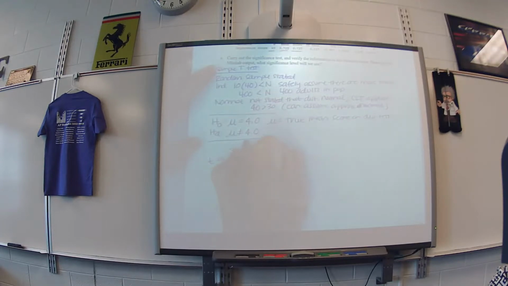Call that an X bar, minus the mu was given as 4.0, divided by the standard deviation, which would be S or SX, 0.737, but then we have to divide by the square root of our n size. All right, what do I have? This comes out as negative 2.38.